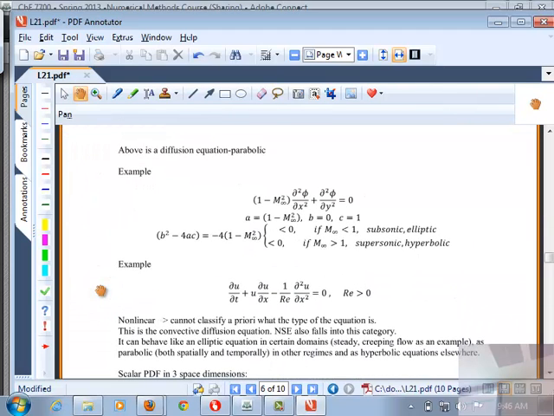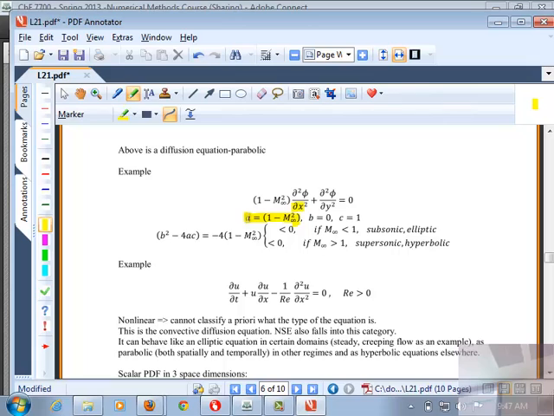M is a constant; the physical interpretation is that it's a Mach number for compressible flow. There is no cross derivative term xy, but the term with the second derivative in y has coefficient c equal to 1. Substituting in b squared minus 4ac, b is 0, so it is minus 4 times (1 minus M infinity squared) times 1.